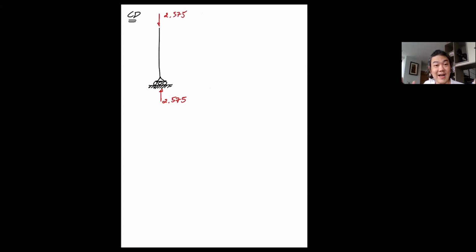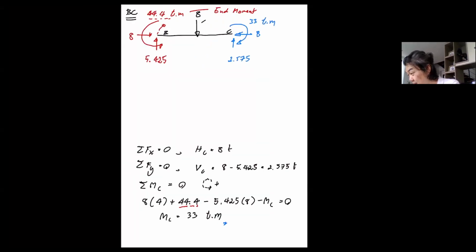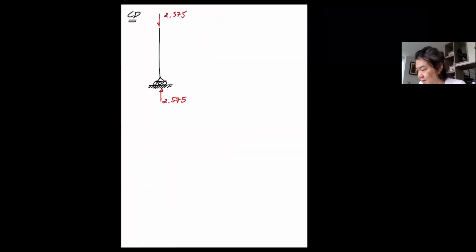Our sigma Fy is correct, right? But not just that. You have the horizontal force at the end of member BC equal to 8 going to the left. So this one goes to the right to member BC, 8.